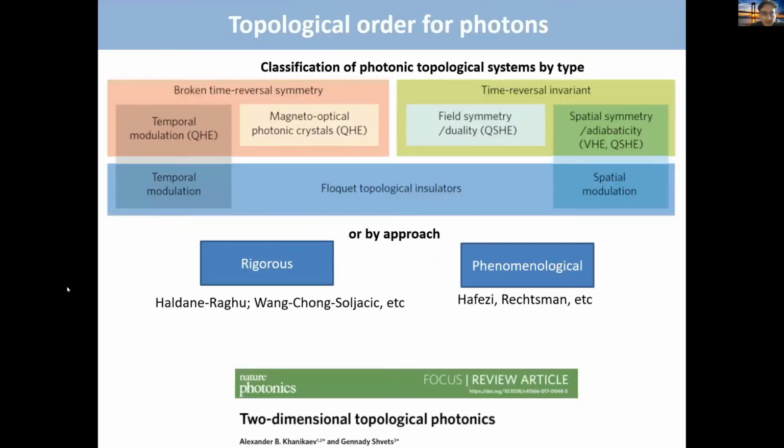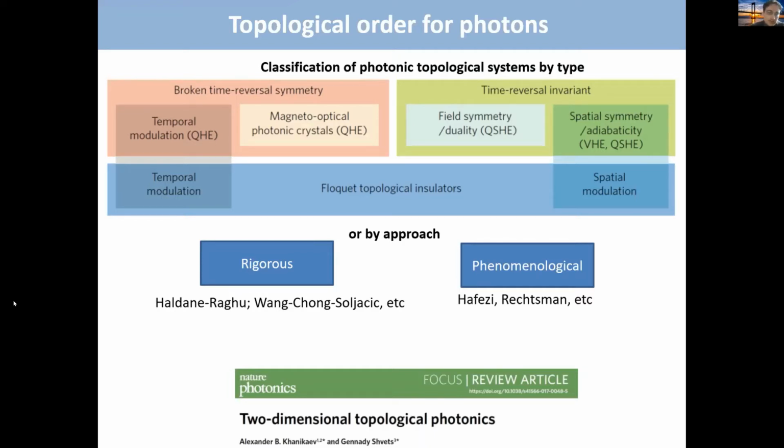A few words about topological order for photons, because we are largely following work in condensed matter physics. Our approach to topology in photonics is also very similar. Basically, there are two main ways we can achieve topology for photons.